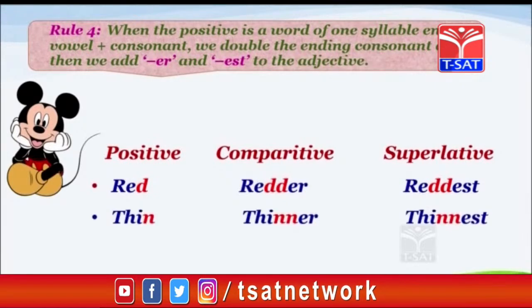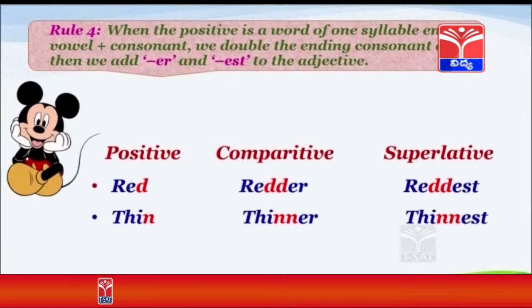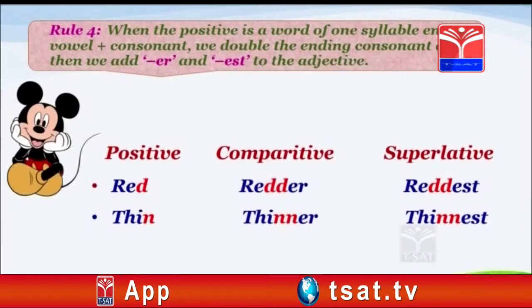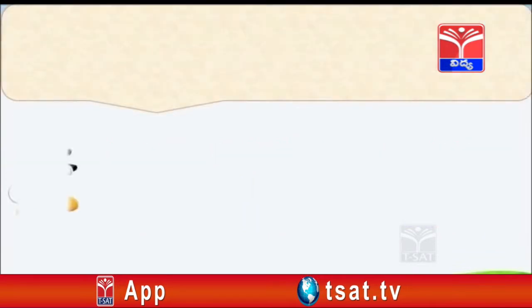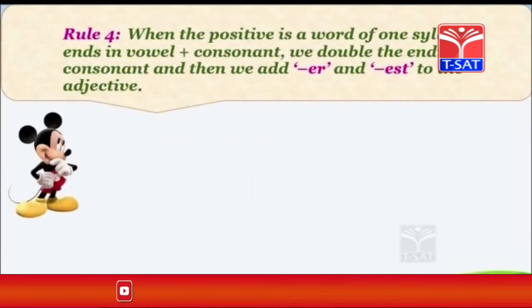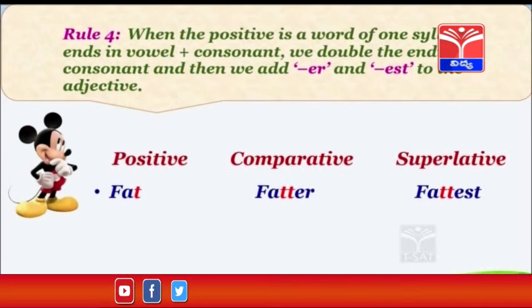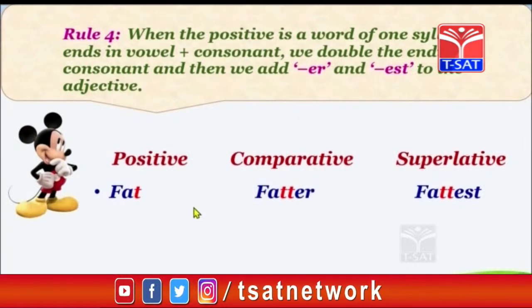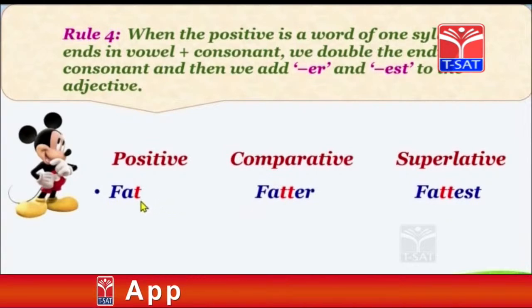For example, red, redder, reddest. In the same way, thin, thinner, thinnest. We shall see some more examples, children. Fat, fatter, fattest. If you observe carefully here, the last letter T is a consonant which is preceded by a vowel.